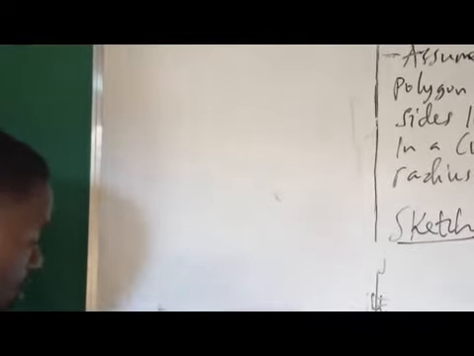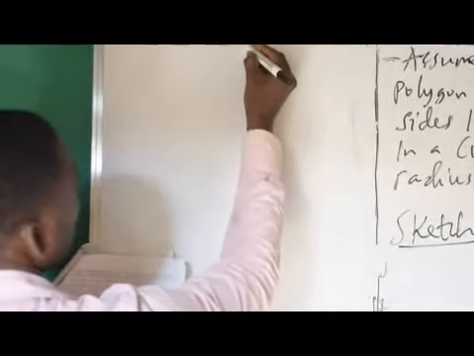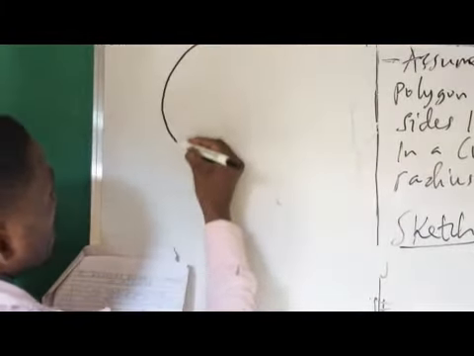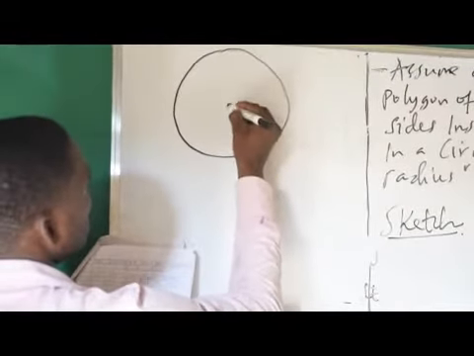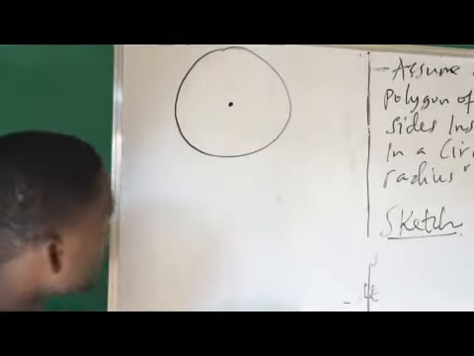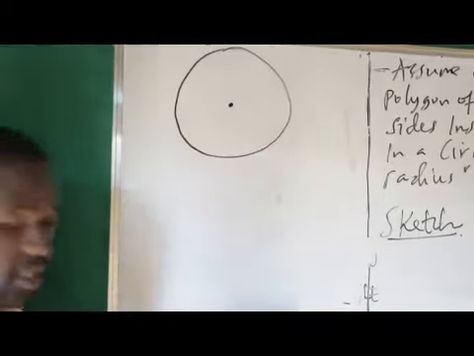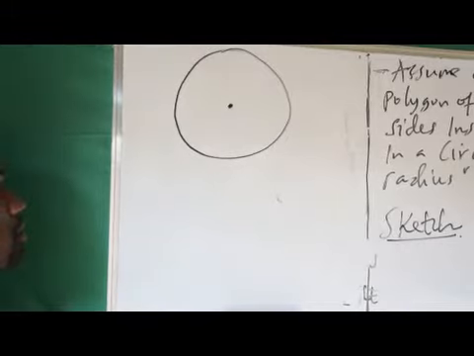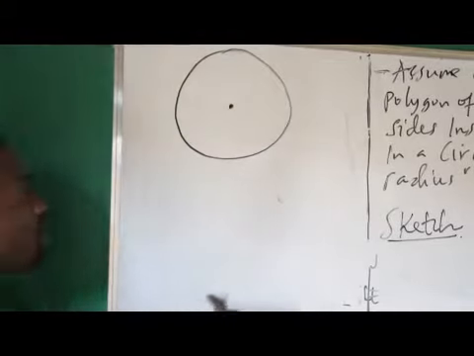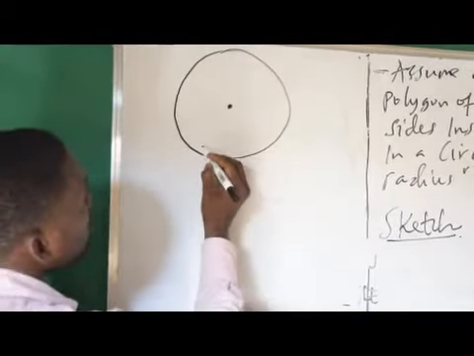Consider this sketch, students: you have a circle, as I said, whose center is at this point, and a regular polygon is inscribed here.